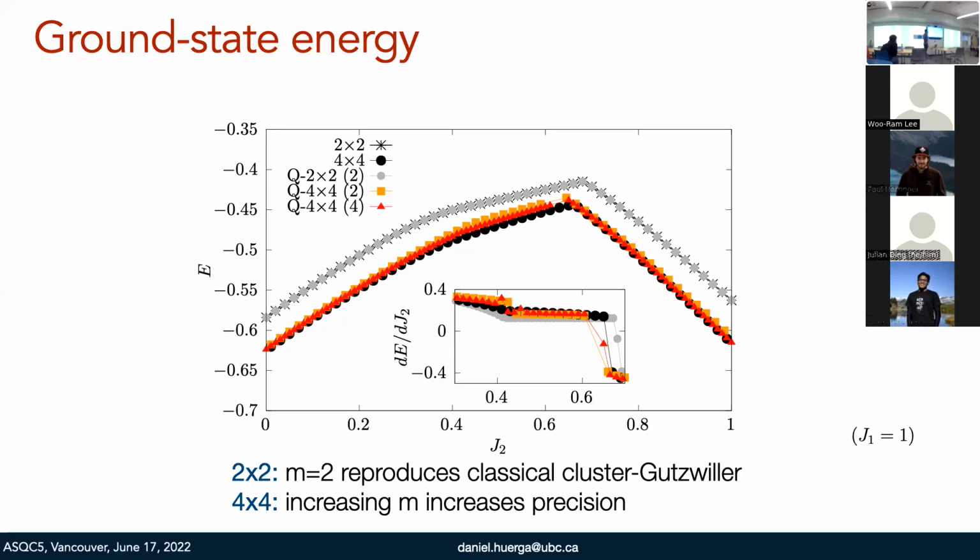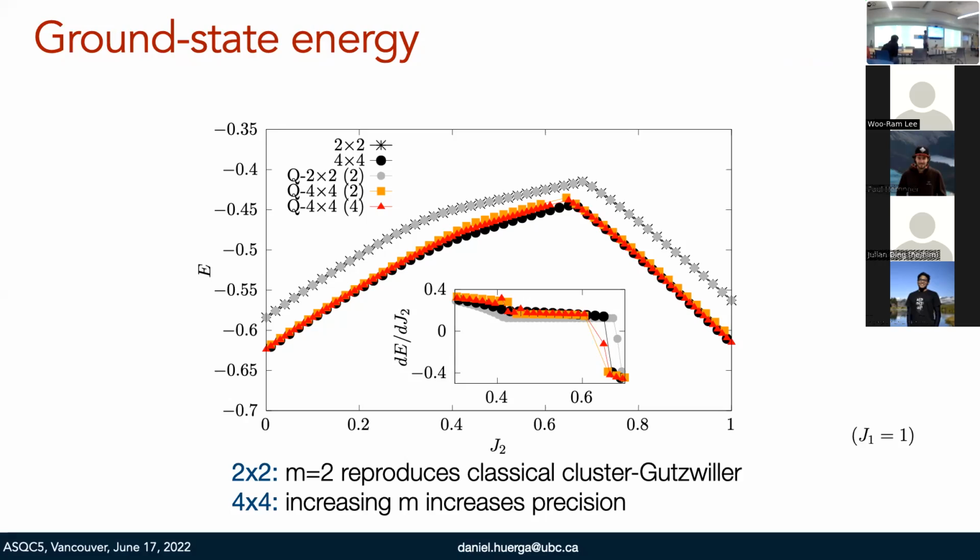And then with this quantum circuit, the idealized hybrid method, I am plotting them with the gray 2x2, and 4x4 with M2 macro layers in yellow and 4x4 with 4 macro layers in red triangles.